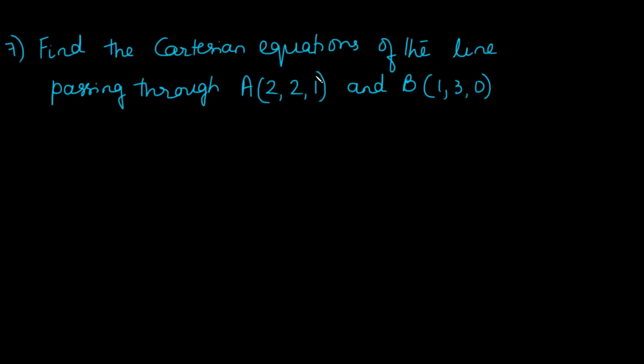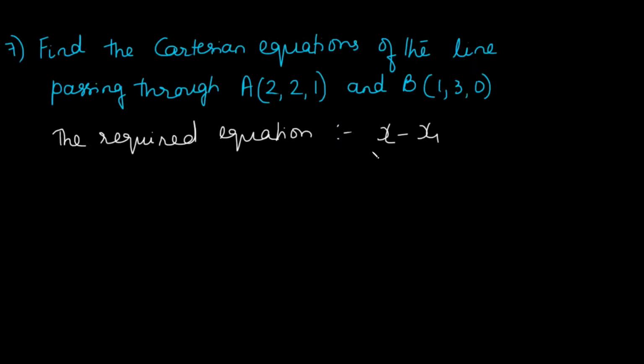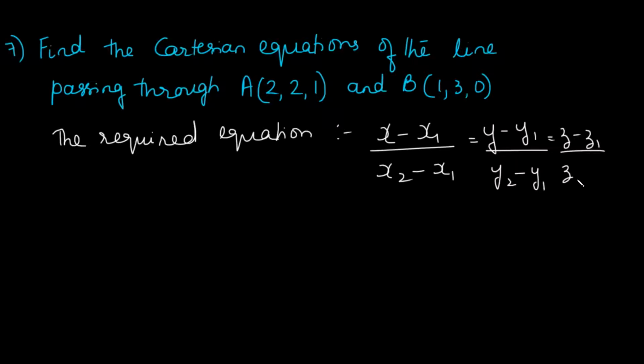Now we come to the seventh sum. Find the Cartesian equations of the line passing through A (2, 2, 1) and B (1, 3, 0). So in this case, the required equation is given as x minus x1 upon x2 minus x1 is equal to y minus y1 upon y2 minus y1 is equal to z minus z1 upon z2 minus z1.